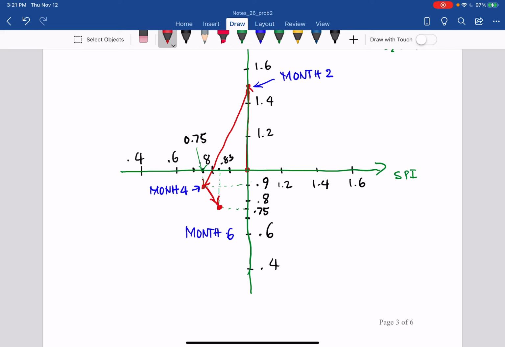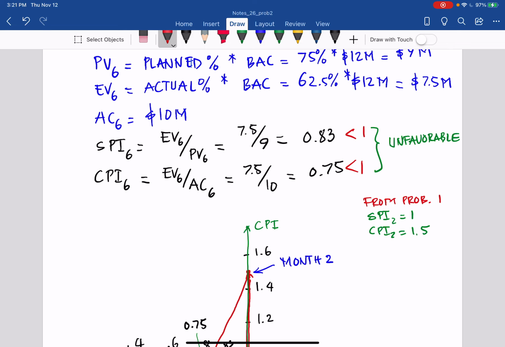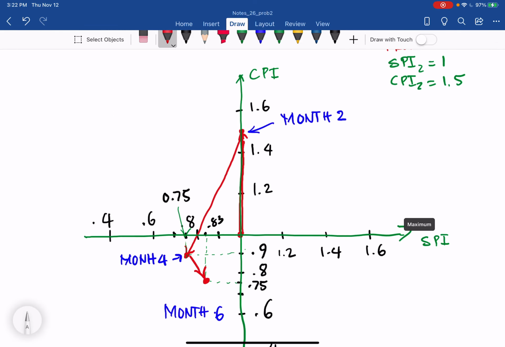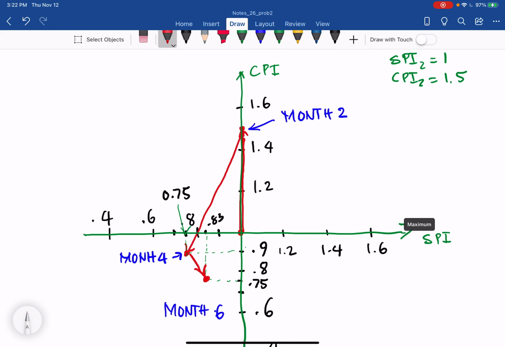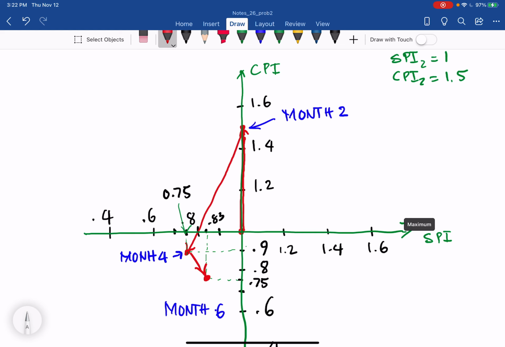With that, we can find out the status of the project: very good, ahead of schedule and on budget at month 2, going back to behind schedule and over budget at month 4, and behind schedule and over budget at month 6.